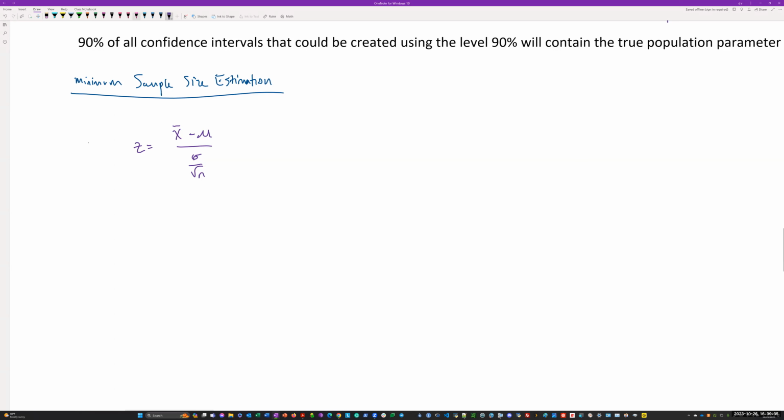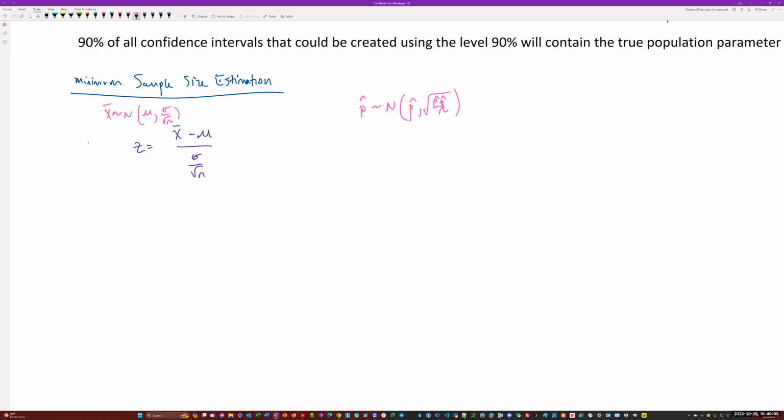So we know that one time when we solve for z, if x is normally distributed, x bar is normally distributed with mean mu and standard deviation sigma over square root of n, and this would be the z-score. Does that make sense? If p hat, we said last time, was going to be normally distributed with mean p, we were going to say all square root of p hat q hat over n.